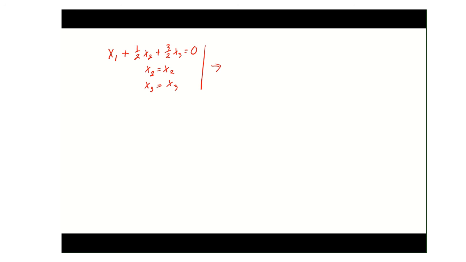That gives us our equations: x1 is equal to negative 1 half x2 minus 3 over 2 x3, and x2 and x3 are free variables.